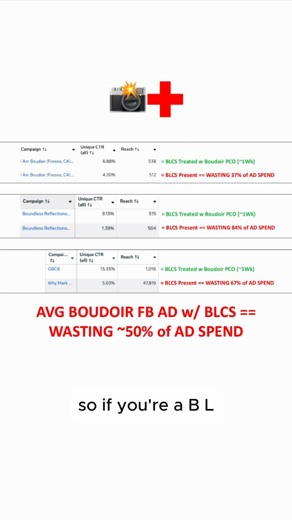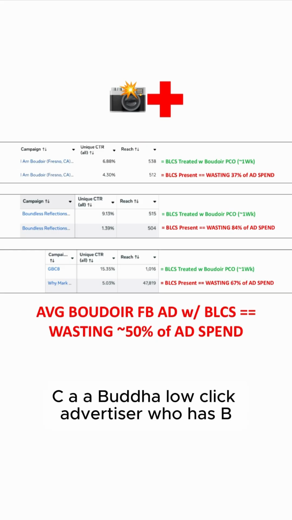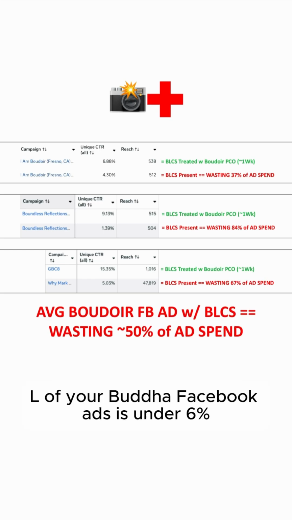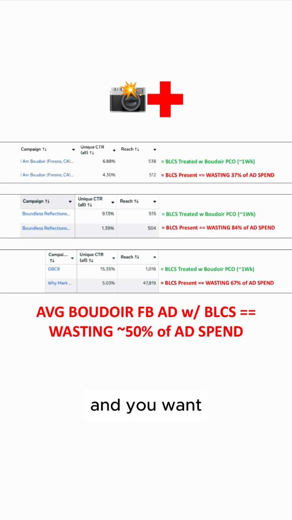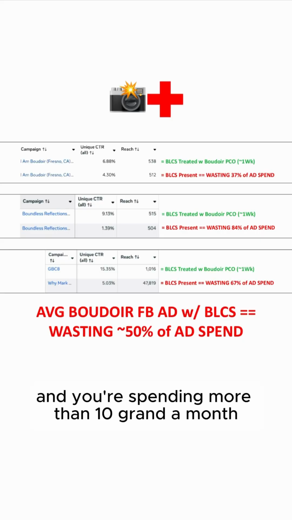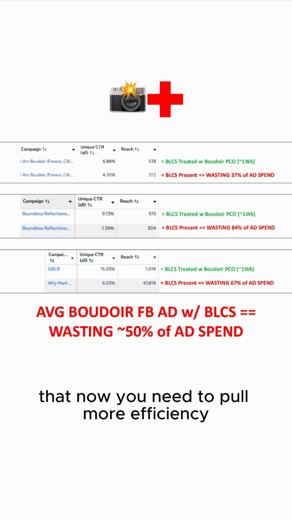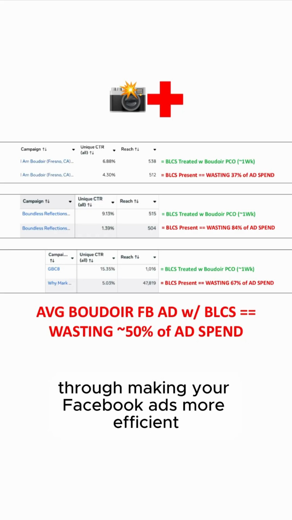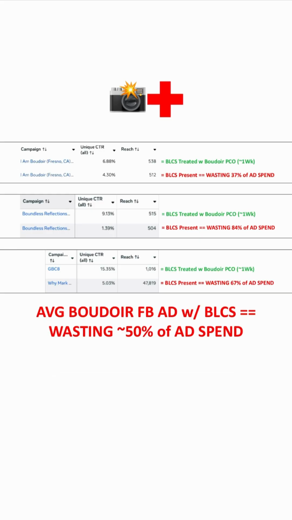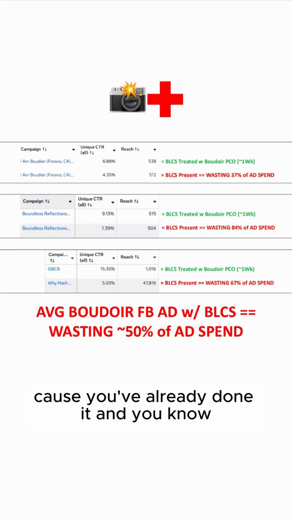So if you're a BLCA, a boudoir low click advertiser who has BLCS, boudoir low click syndrome, the unique CTR of your boudoir Facebook ads is under 6%, and you're spending more than 10 grand a month on boudoir Facebook ads, and you have decided that now you need to pull more efficiency, more profit out of your business through making your boudoir Facebook ads more efficient, because you've already done it in other places in your business.